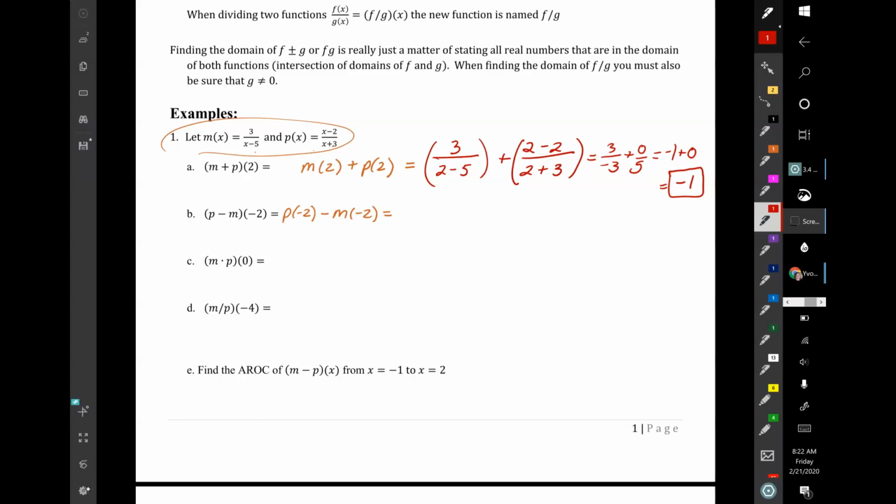For part B, your answer should actually come out to be negative 25 over 7. So if you got that, then you can just go ahead and skip over this part. But if you didn't, then you can watch the video.